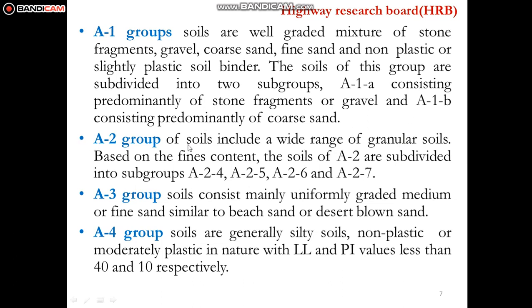Then the A2 group of soils includes a wide range of granular soils based on fine content. The soils of A2 are subdivided into groups A2-4, A2-5, A2-6 and A2-7. Then the A3 group soil consists mainly of uniformly graded medium or fine sand, similar to beach sand or desert blow sand.